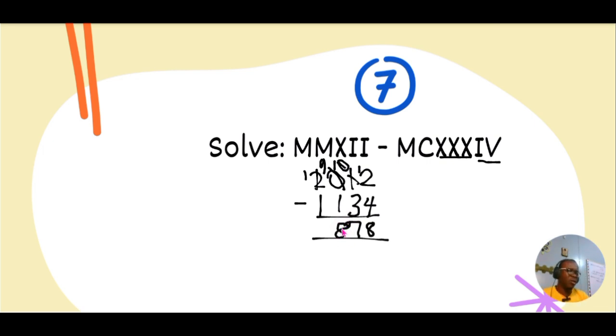Now remember, your question was given in Roman numerals, so you have to return your answer also in Roman numerals. It's very wrong for you to have a question in Roman numerals and leave it in Arabic numerals. That's the normal numbers. You have to change it back to the Roman numerals. This also applies to other forms of question.